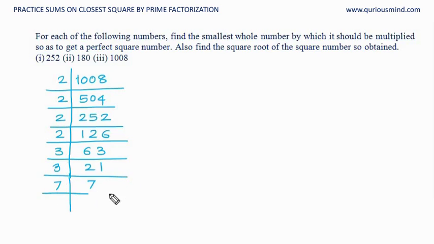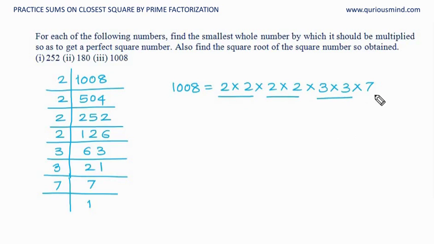And now 7 is a factor. We reach 1. Let's find pairs. We have these pairs. We don't have a pair for 7, so we need to multiply this number by 7 so that we get a pair here, and hence we get a perfect square.